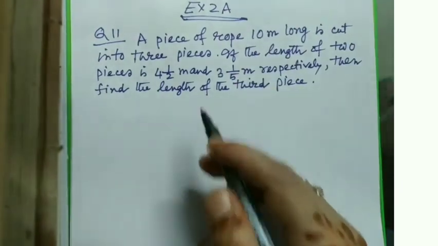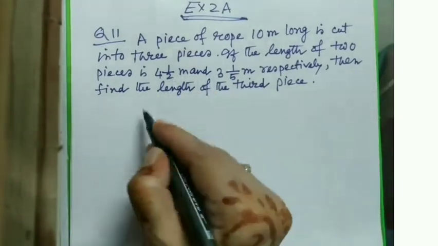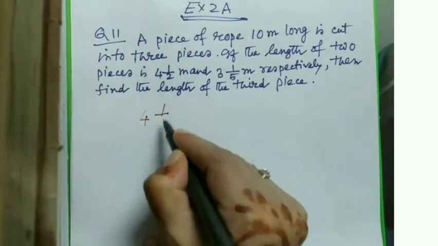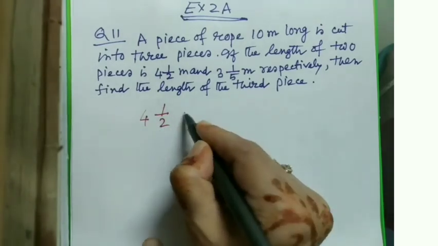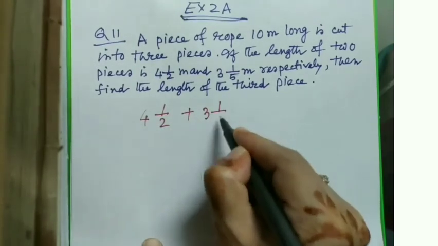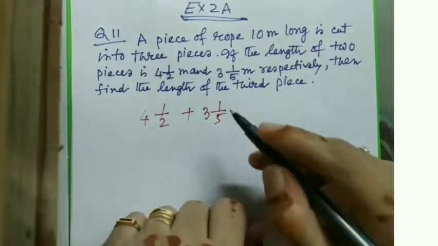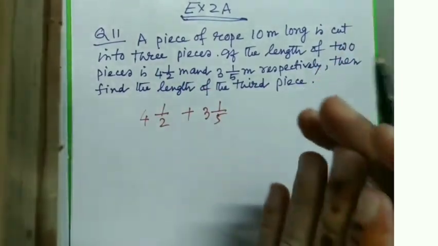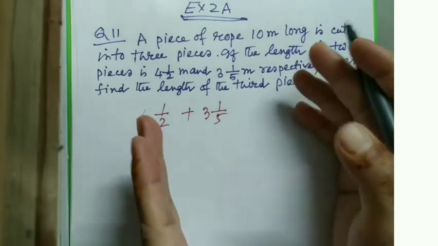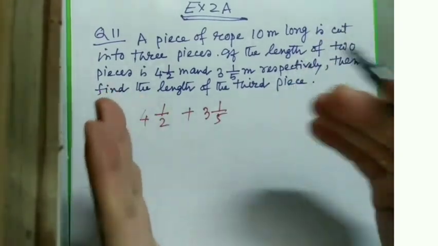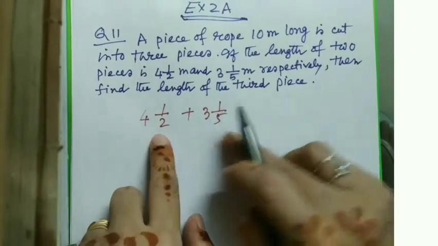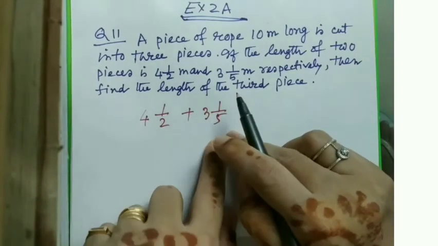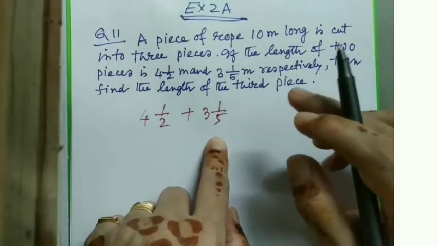So here let's add first these 2 pieces, 4 1/2 plus 3 1/5. And you tell me what is the first task here? Yes, our first task is to convert these mixed fractions into improper fractions.